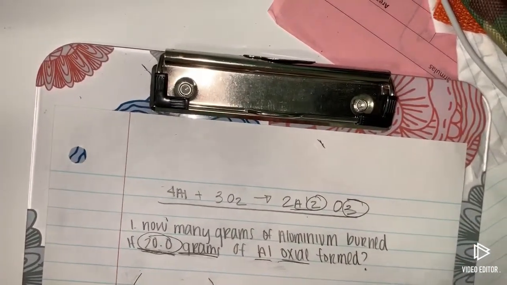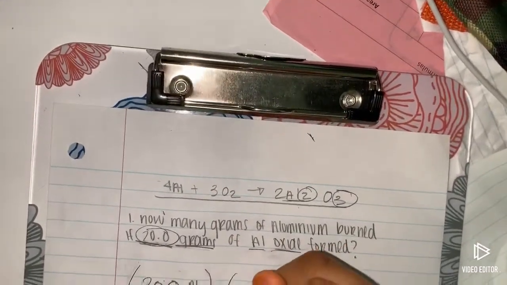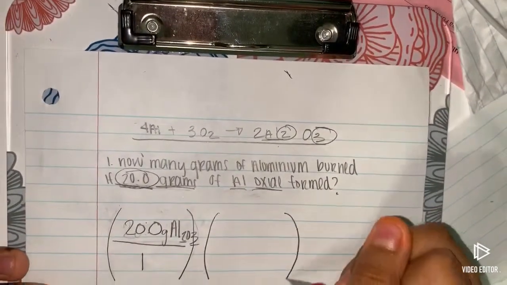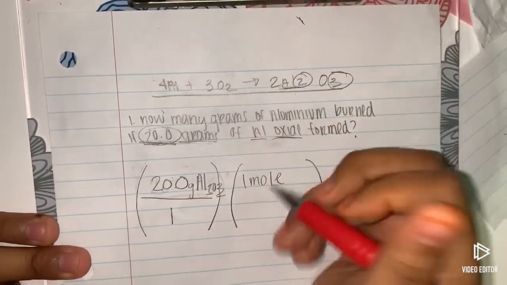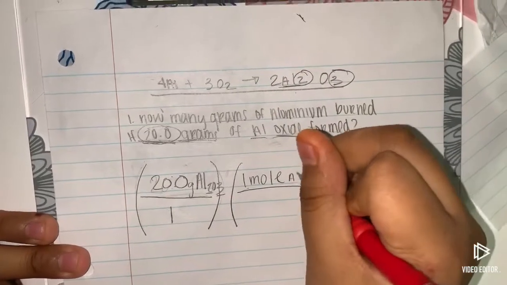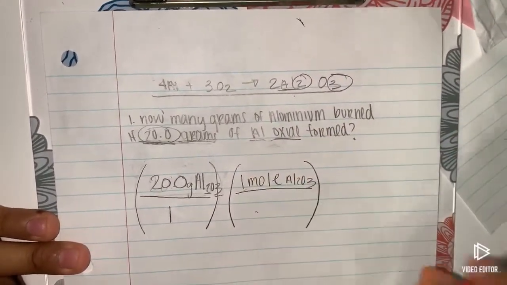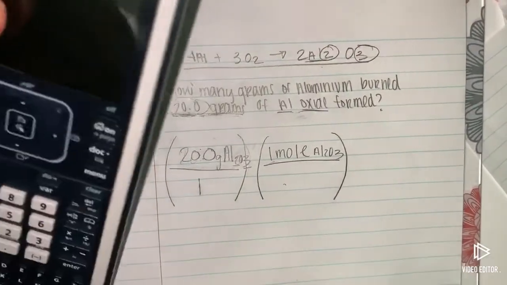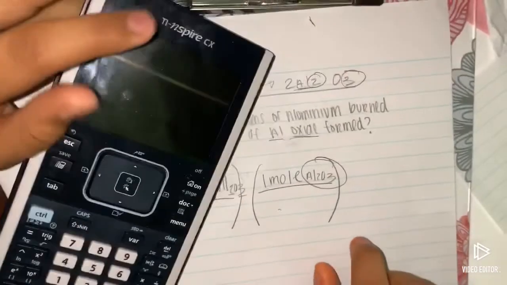So there's nothing on the bottom of this, but if you get confused, you can put an imaginary 1 there. So for the second parentheses, we're going to want to put 1 mole Al2O3, and then for the bottom we get this right here. You see this? We put it in our calculator.